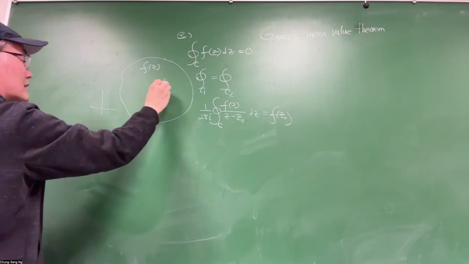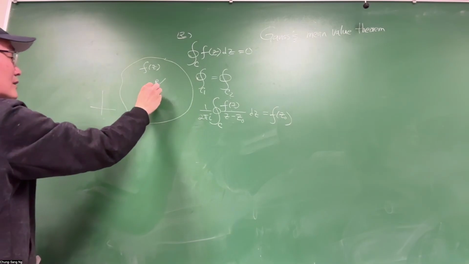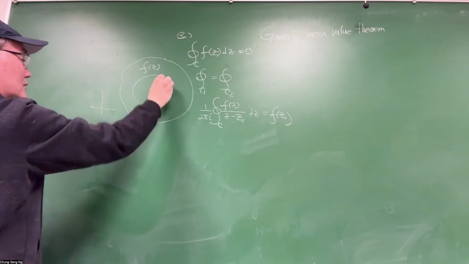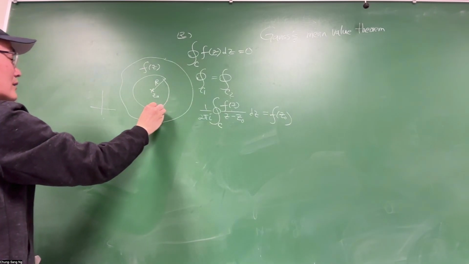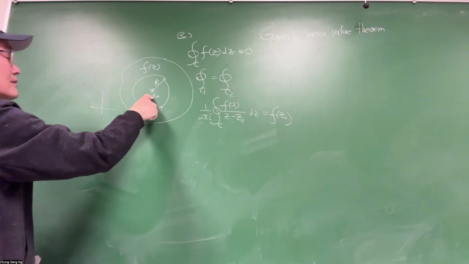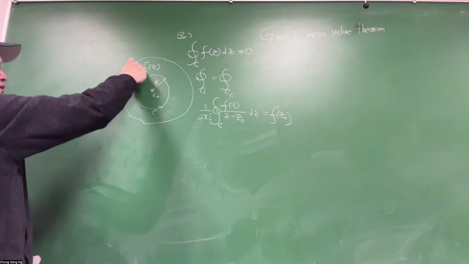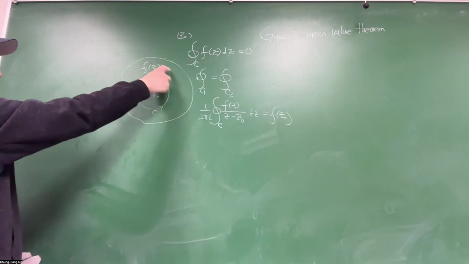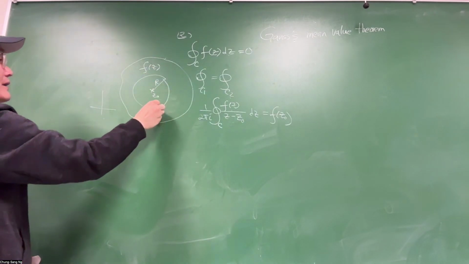There's a radius, capital R, from here, to define a path C, a circle centered at z sub 0. And obviously we still assume f is analytic over all the region, including this circle.